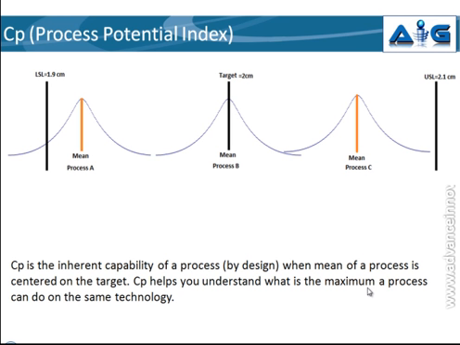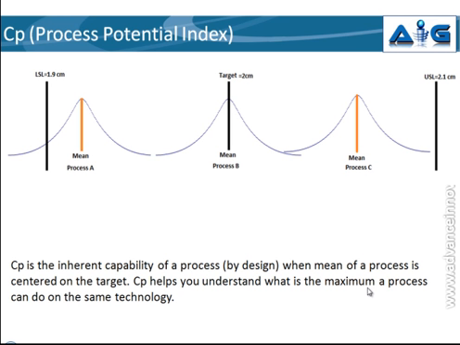This machine produces bottle caps whose specification is a diameter of 2 cm, but a variation of 1 mm is acceptable. That means any cap with diameter between 1.9 cm and 2.1 cm will be accepted by the customer.